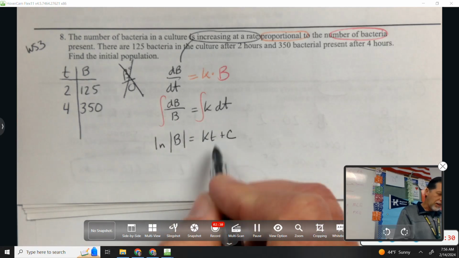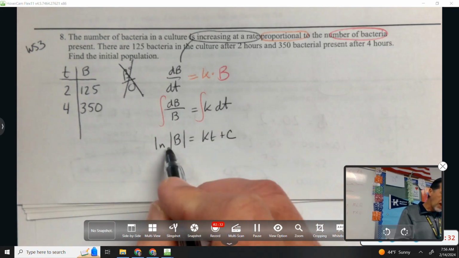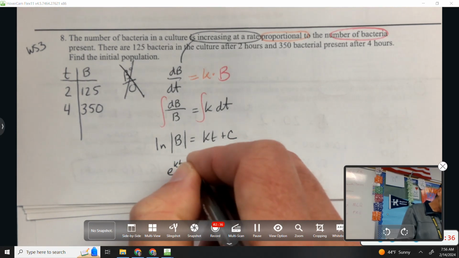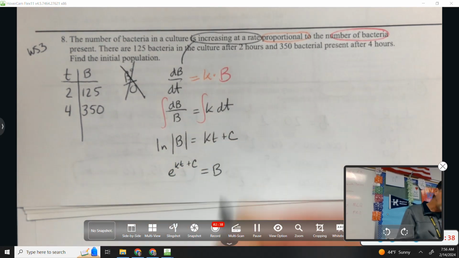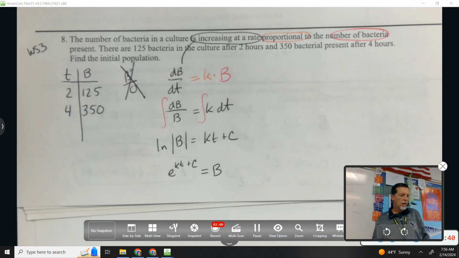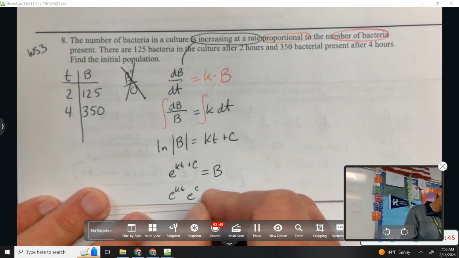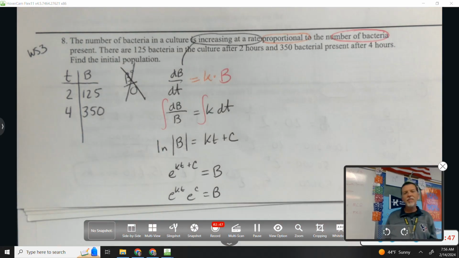Okay, this is our algebra: e to both sides, or do the fishhook thing. e to the kt plus c equals b. And then maybe for the last time I'll write this extra step in there. The extra step that nobody shows because I don't really like it.